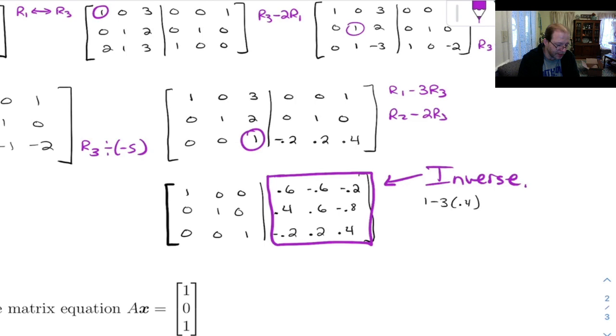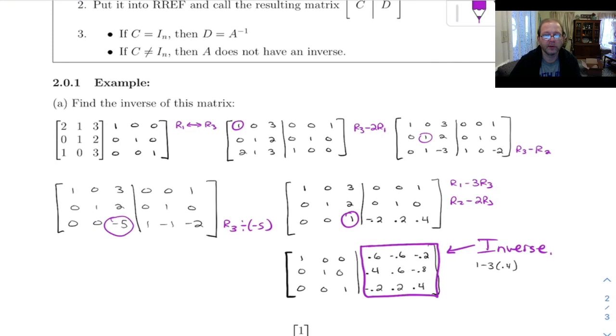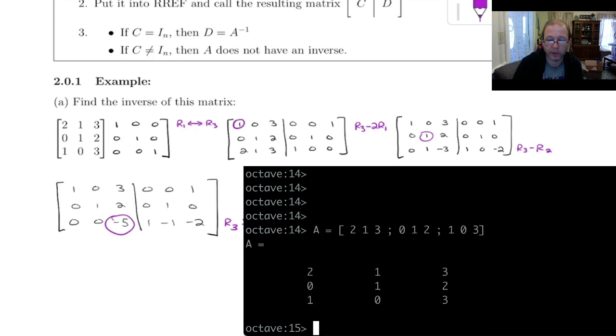And that's it. Now, I feel like I should check this on Octave, and I'm going to show you a couple of different ways to do this on Octave. All right, so let's call this matrix A. 2, 1, 3, 0, 1, 2, 1, 0, 3.